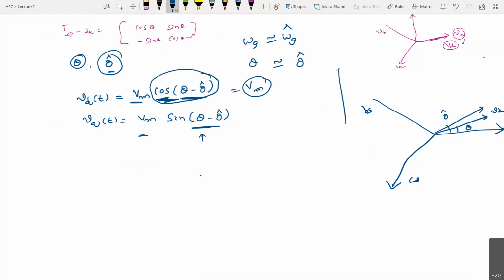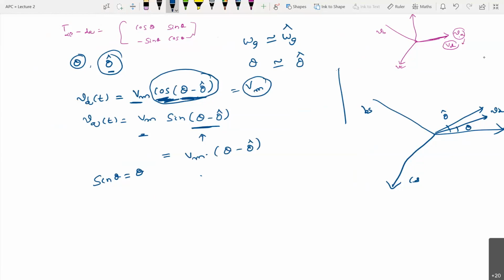So we have this fundamental thing, right? Sine theta, if the theta value is very small, for example 1 degree or 2 degree, we can expect sine theta is theta. In the same way, this can be written as Vm into theta minus theta dash, because the difference is very small.